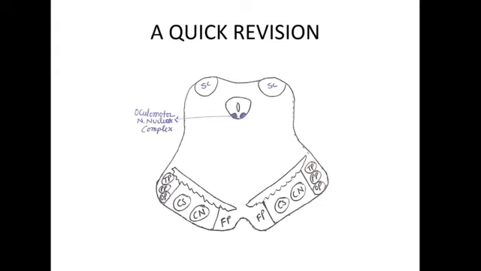A quick revision. In cut section of midbrain at the level of superior colliculus, the central gray matter, crus cerebri and substantia nigra will remain same.